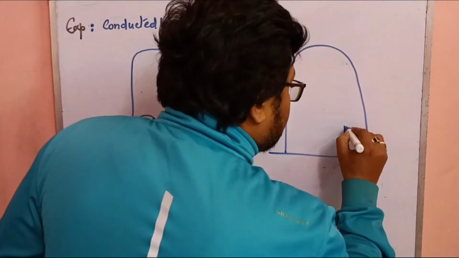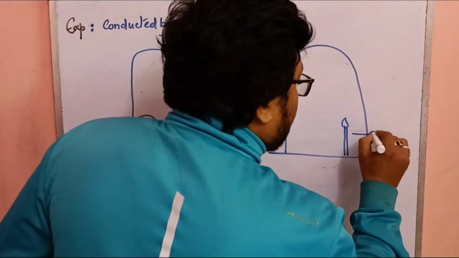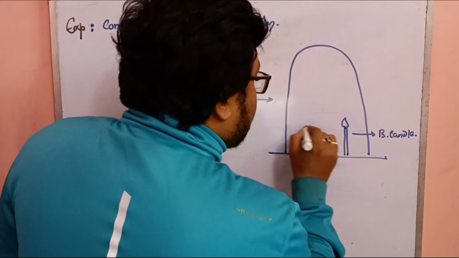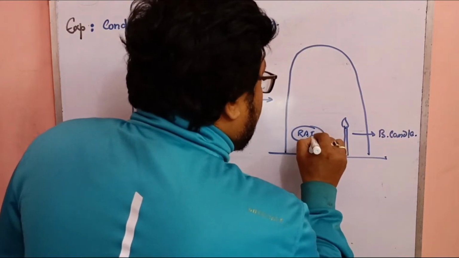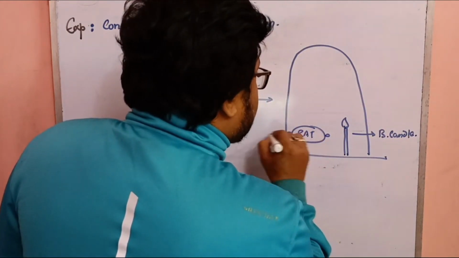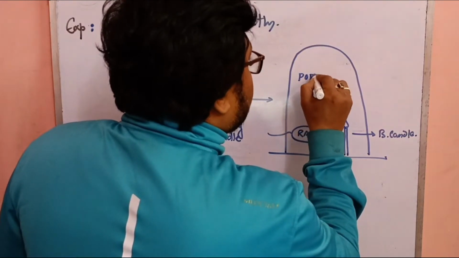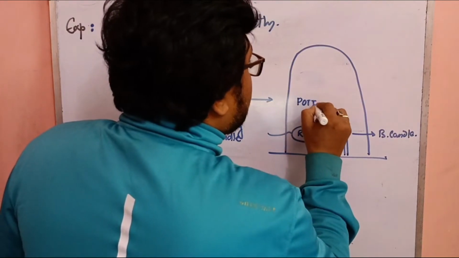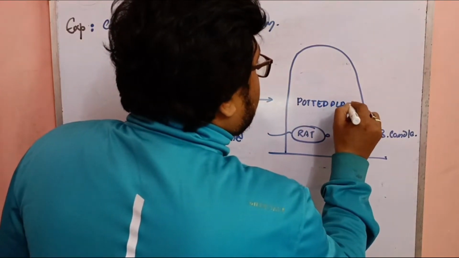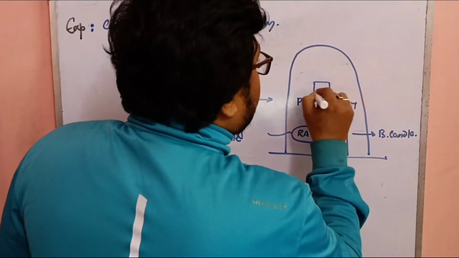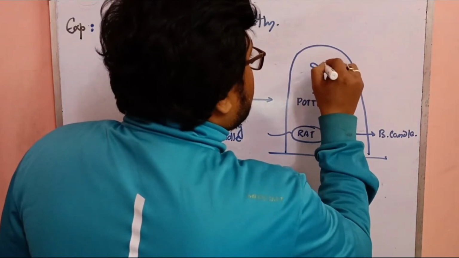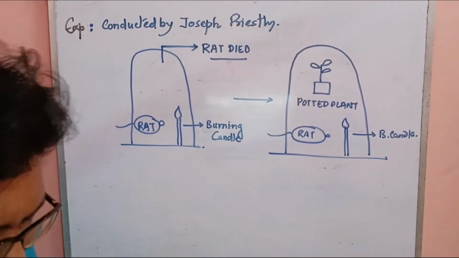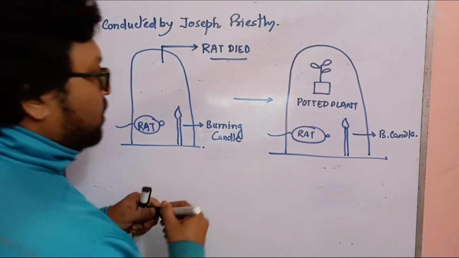Within the bell jar, he kept a burning candle and a rat, and besides the rat, a potted plant was kept. Okay. Now what was observed? Now what was the observation?